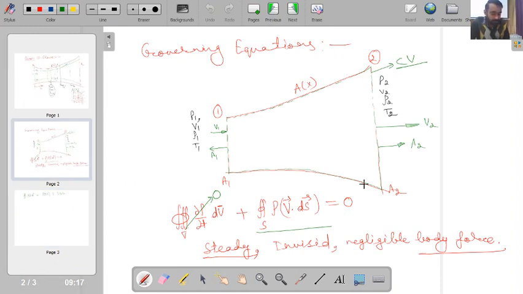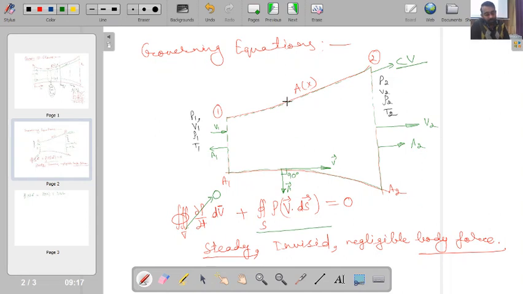In this area of the control volume, if you see a streamline, the streamline will be parallel to the surface. So this will be my direction of velocity and this will be my direction of the area. This is the area vector and this is the velocity vector, and the angle between the two will be 90 degrees.